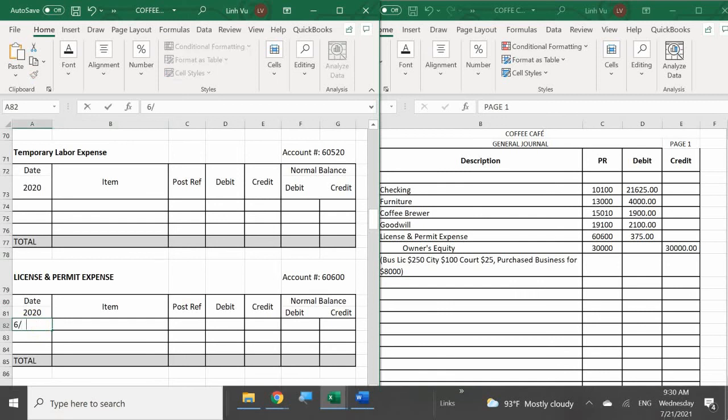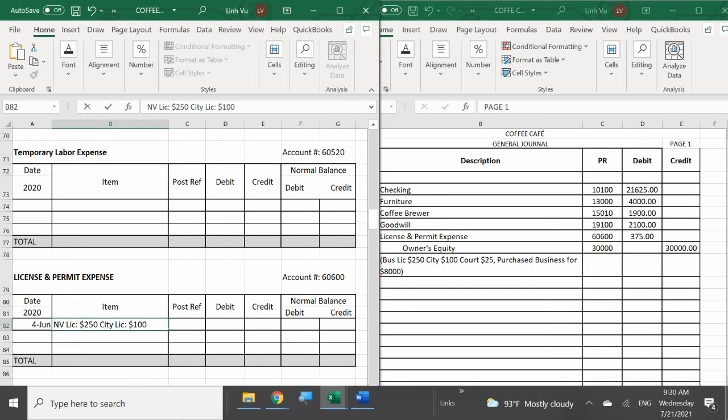It is now 6-4. And now I'm going to write in my notes that the state, or in this case, I'm going to do NV license cost me $250. All right. City license cost me 100.